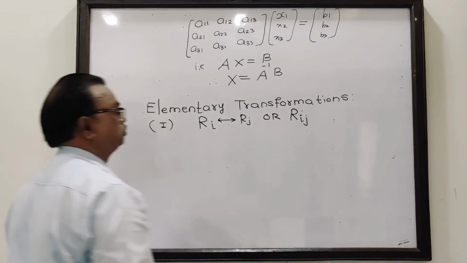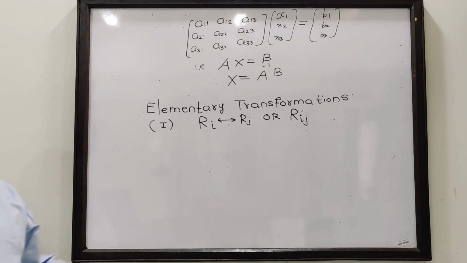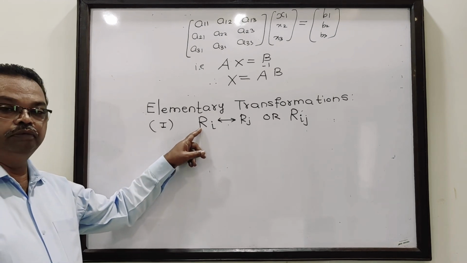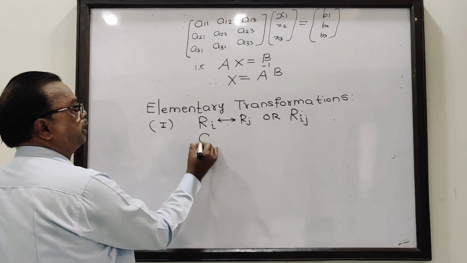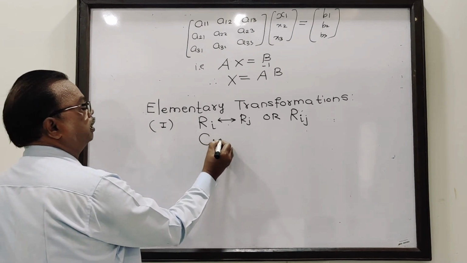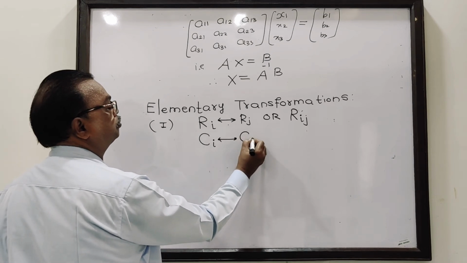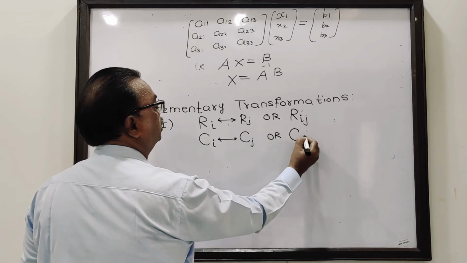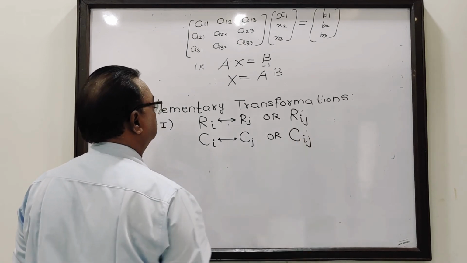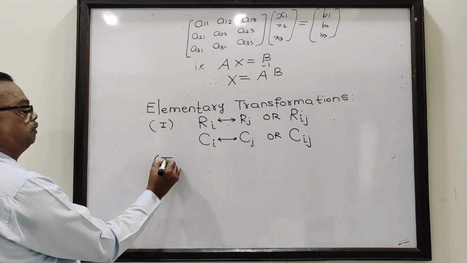Likewise, interchange of elements of the ith column with the jth column is denoted by Ci arrow Cj, or C suffix ij. This is the first elementary transformation.